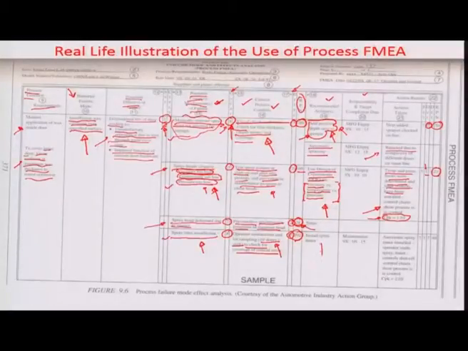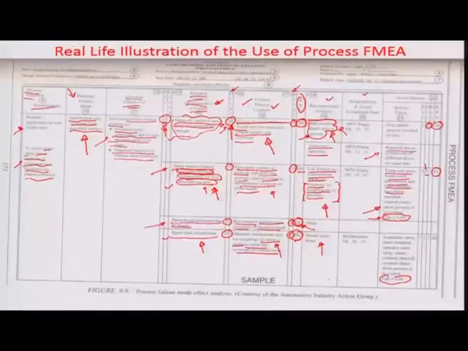it's strongly suggested by the QA to install a spray timer which will lead to automatic spraying for a certain time, and until and unless that time cycle is obeyed, the next vehicle will not come up and the line will stop. So again a foolproofing, and also a maintenance of a Cpk value showing how many fraction defectives go after installing the spray timer and how many there were before, in order to find out whether there is any change.